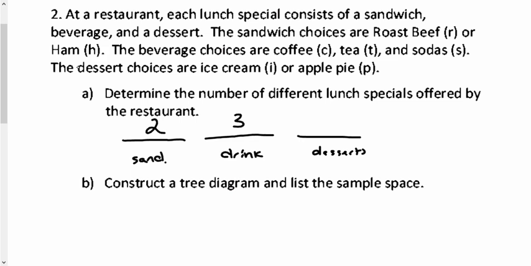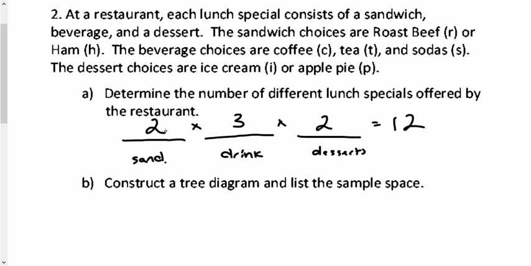And for the dessert choices, we only have 2, ice cream or apple pie. So in order to figure out the total possible number of lunch combinations, which doesn't seem like all that much, it's only 2 sandwiches, a couple drinks, and desserts, when you multiply all those out, you actually get 12. 12 possible lunch combos.